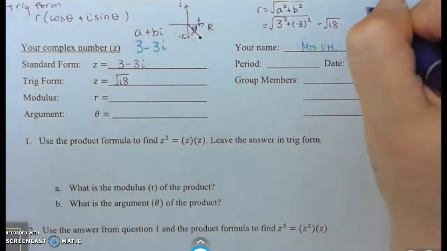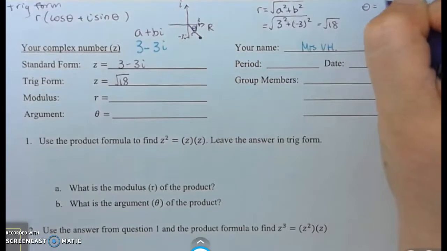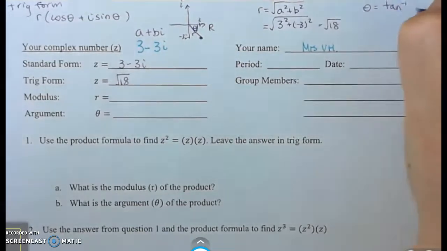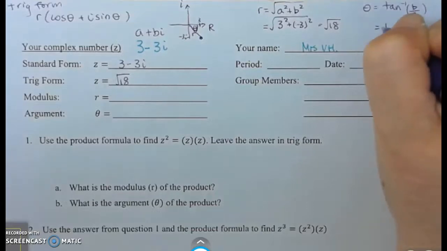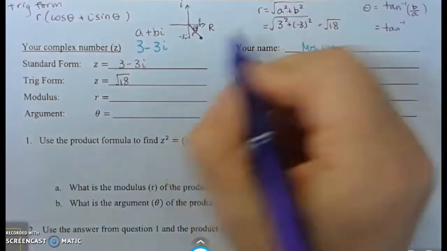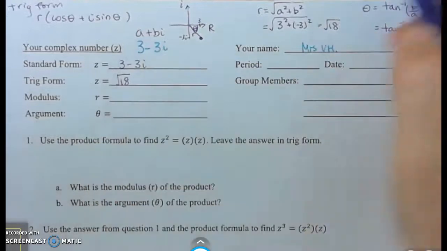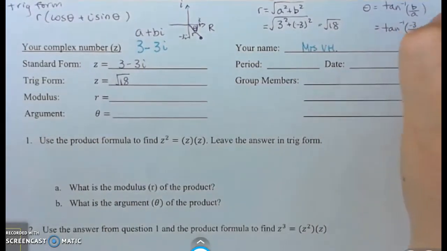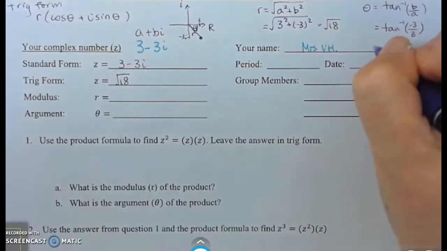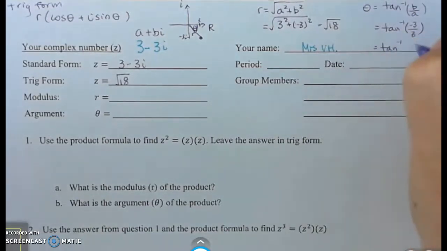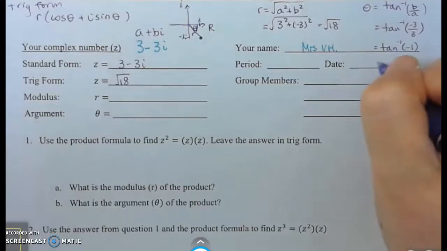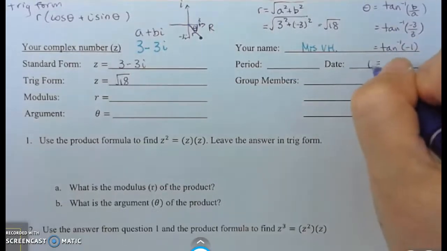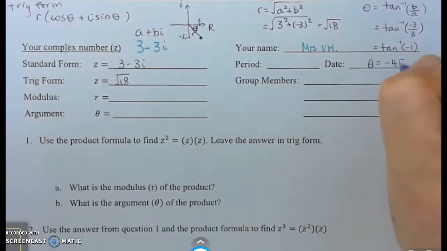What about theta? Theta is going to be inverse tangent of b over a, and b, in this case, is negative 3, divided by a, which is 3. So that's the same as inverse tangent of -1. If I use the calculator, I get theta to be -45 degrees.